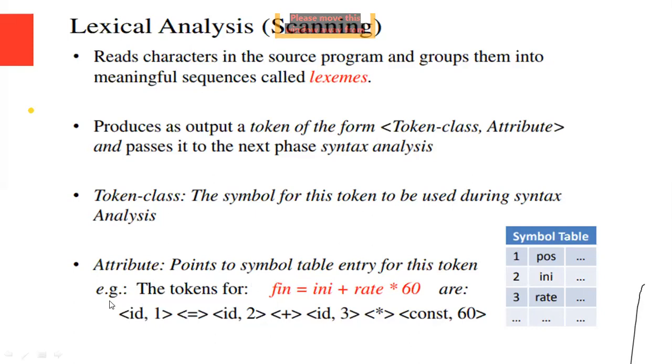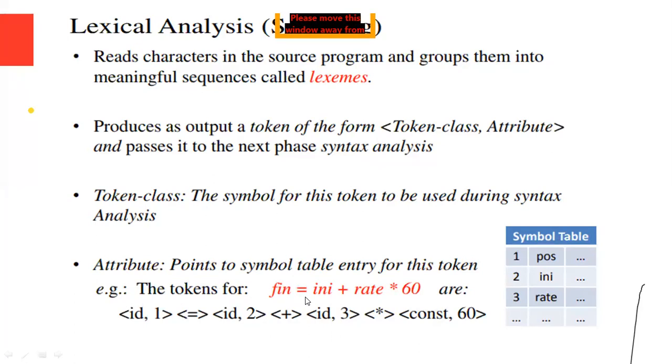So for example, let us consider an example, the tokens for this equation. Here we have 4 address codes. FIN is one address, INI is another address, rate is another address, and 60 is the constant. So this is in the form of 4 address code.